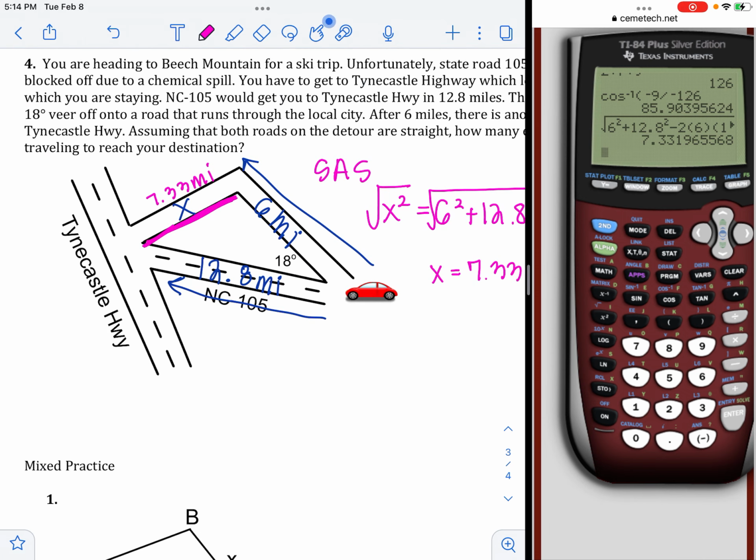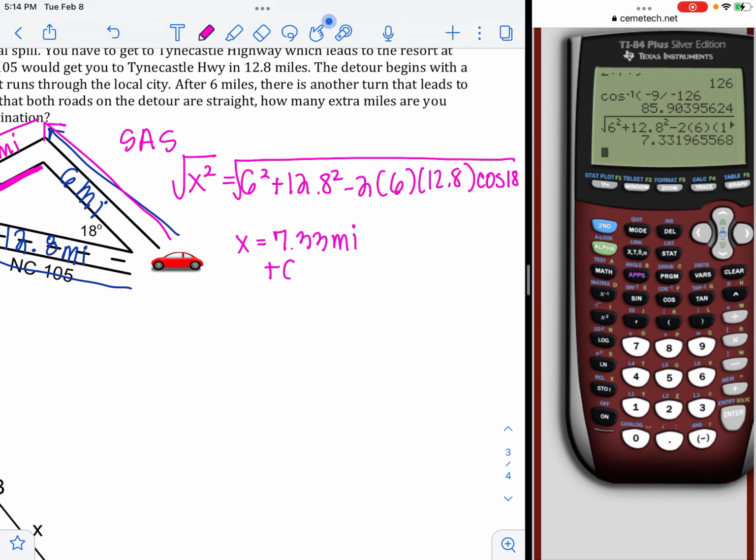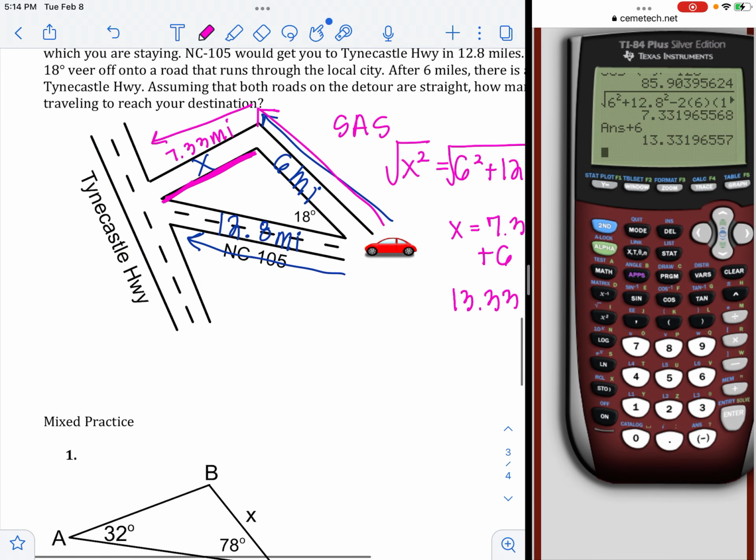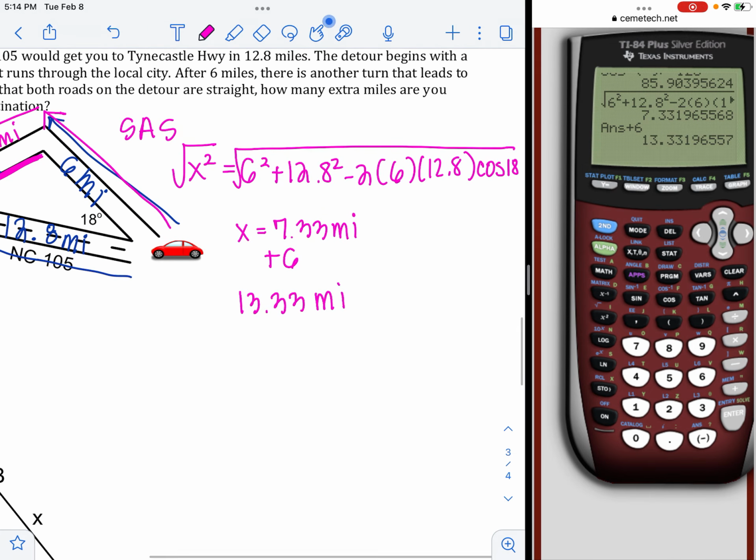So if you look at the path that this car actually took, it took the 6 miles and then 7.33. So I'm going to add 6 plus 7.33 and I get 13.33 miles. So the car actually took 13.33 miles to get to Tynecastle Highway.